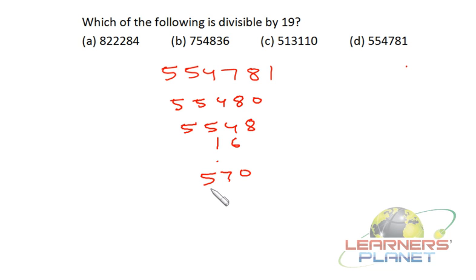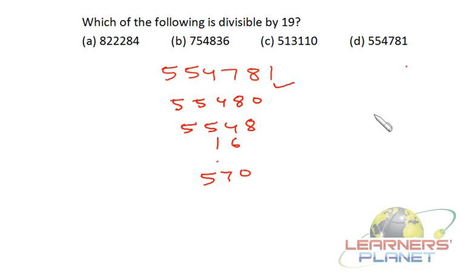Okay, now 570 is a multiple of 19, since 19 threes are 57, that means this entire number is a multiple of 19. Though we could have chosen this option as such, because none of the three options are correct, so definitely it will be the right choice since there is a none of these. Then also, just for the sake of clarity, I have elaborated the method over here. I hope you are clear with the divisibility test of 19. Similarly, you can apply the divisibility test of 29, 39 and 49 as well.